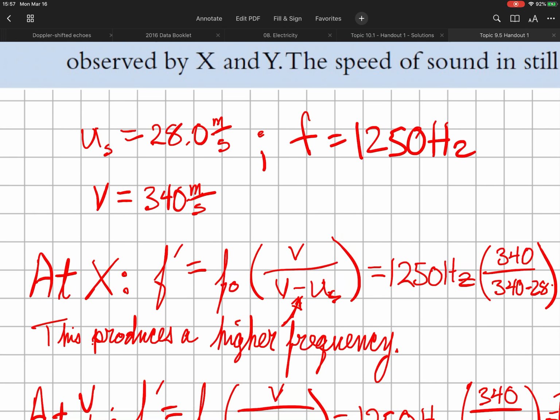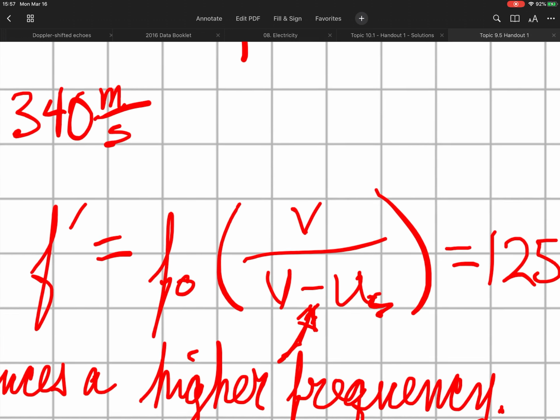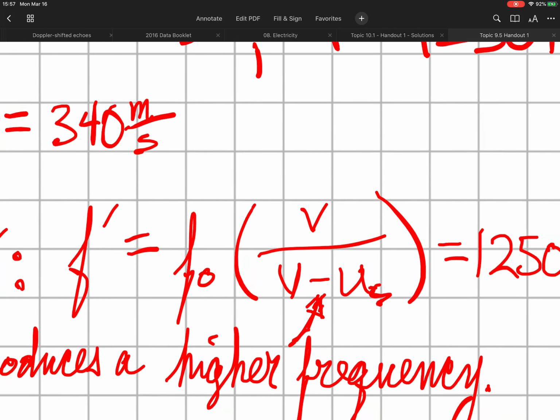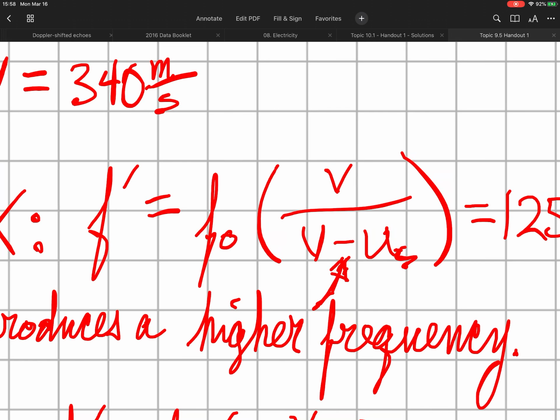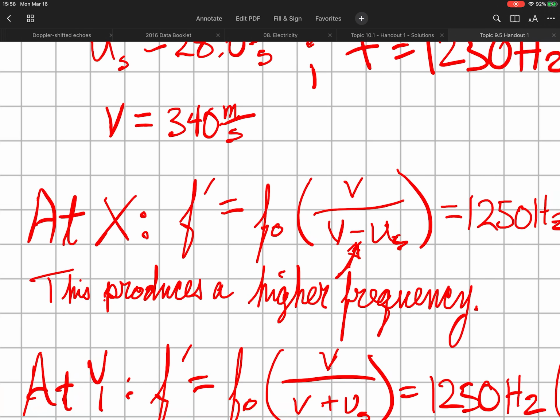Now, the question then becomes, how do we decide which one to use? Well, at X, the objects are coming closer together. And when that's happening, we're going to have a higher frequency, okay? So we use this minus sign here because that will produce a smaller value in the denominator, and that will then give us a higher shifted frequency. And that's what we need, okay?